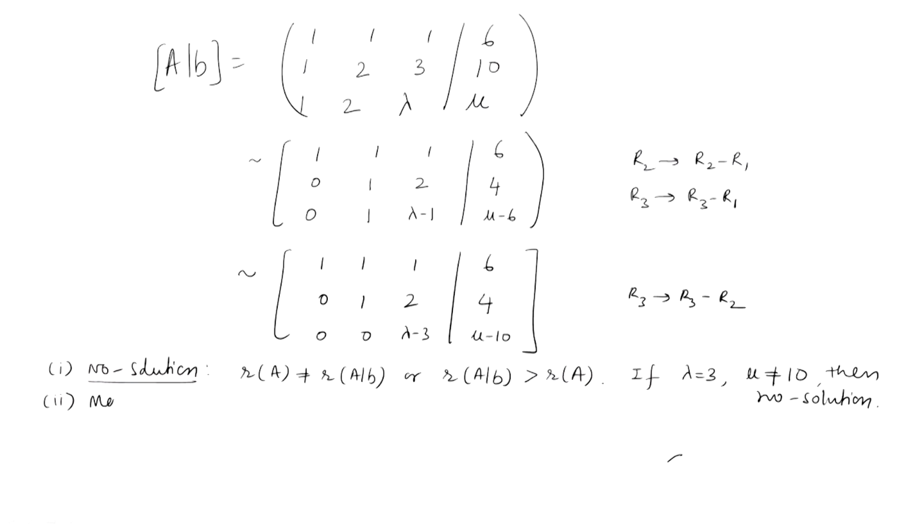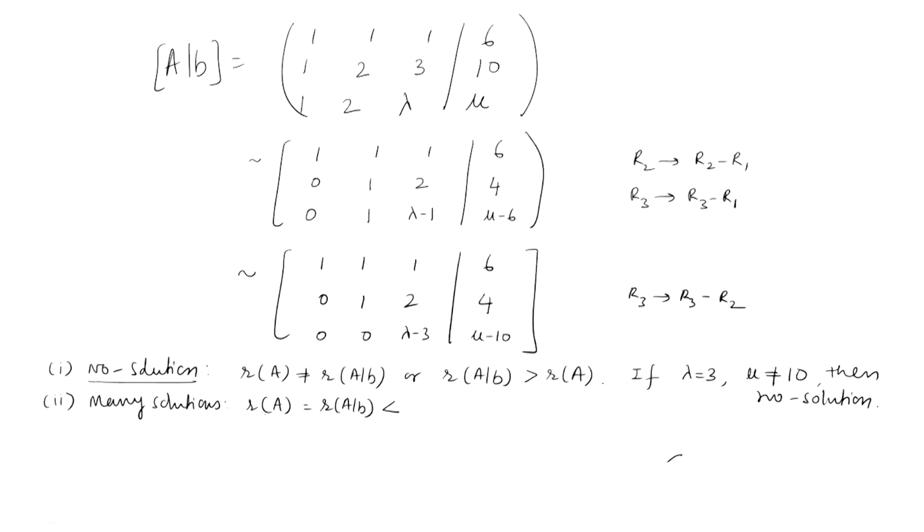Now, second case is many solutions, or infinitely many solutions. For many solutions, rank of A should be equal to rank of the augmented matrix and should be less than the number of unknowns. Now, here unknowns are 3. So, rank must be less than 3, and less than 3 means either 1 or 2, and we have seen that rank of A is at least 2.